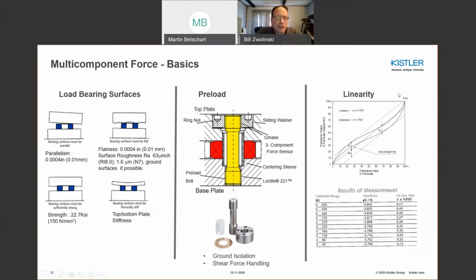I talked about linearity before. The linearity for piezoelectrics is actually quite good under preload. What I show here is an example where we preloaded a sensor at 450 kilonewtons, and it's about 0.5%. But if you go to a partial range calibration, you can achieve an even tighter tolerance on linearity. A lot of times when using piezoelectric solutions, you have the ability to range it almost infinitely, like I said.